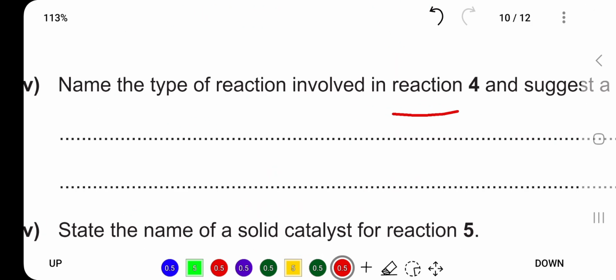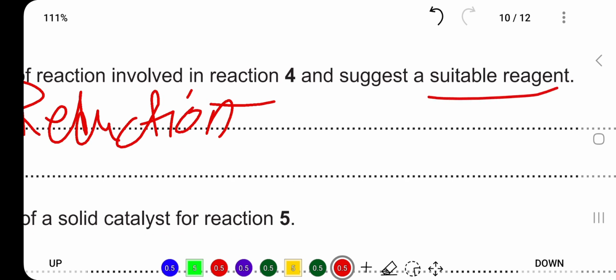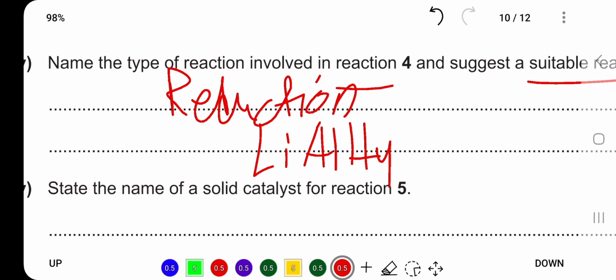Now for a reducing agent, you can use, in this case, LiAlH4 because it's a strong reducing agent, okay? Hopefully understood.